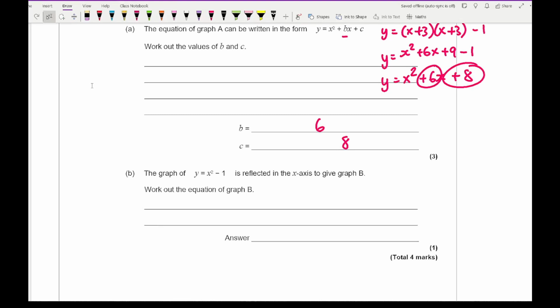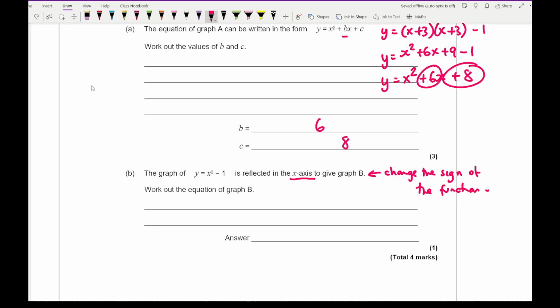It then says that the graph of y equals x squared minus 1 is reflected in the x-axis to give graph b. Work out the equation of graph b. So here, if we're reflecting along the x-axis, then basically we're going to change the sign of the function.